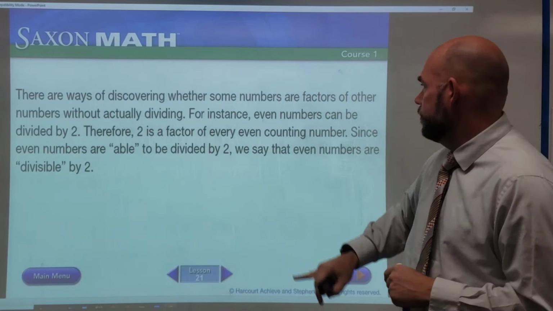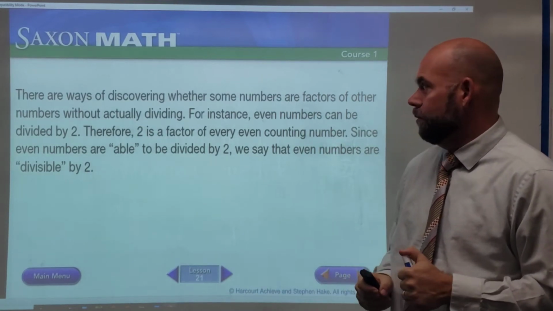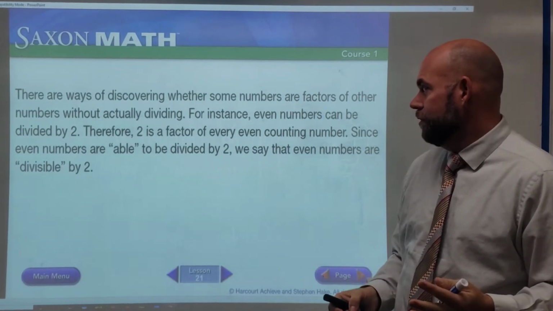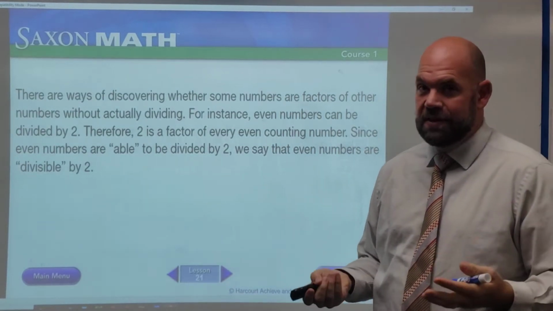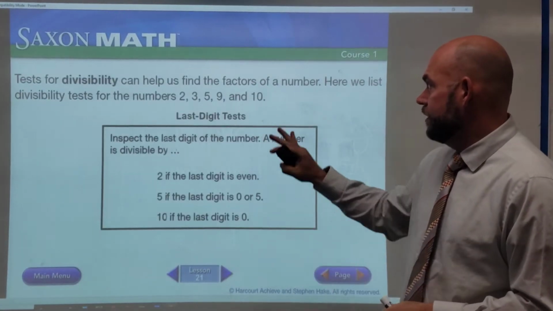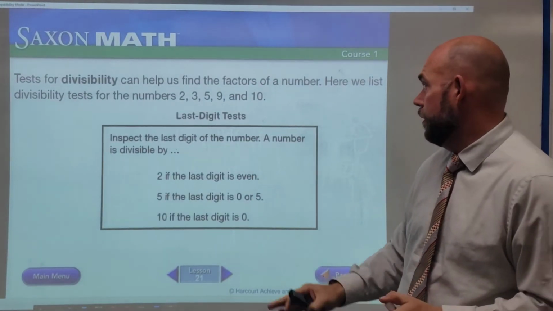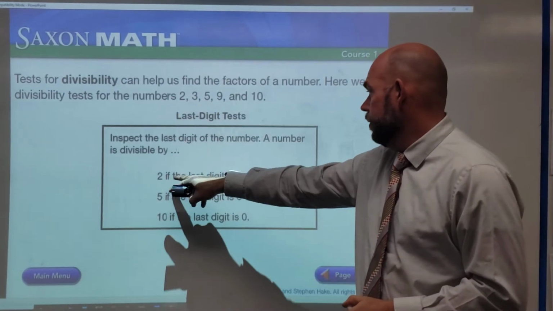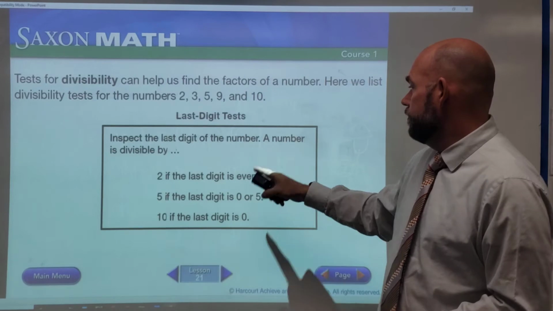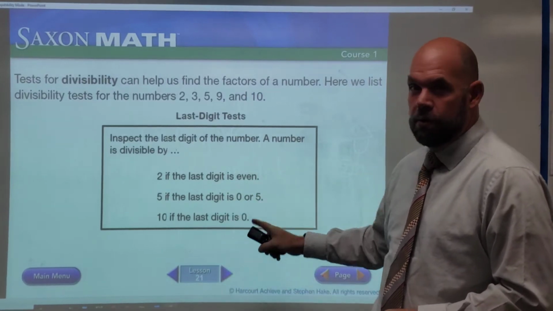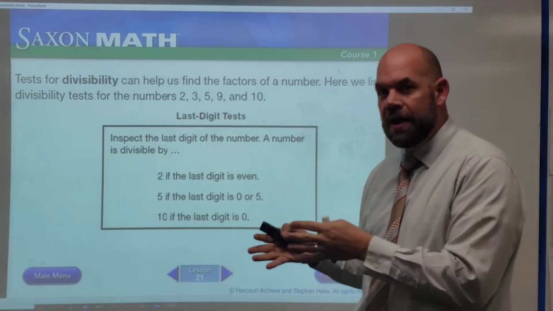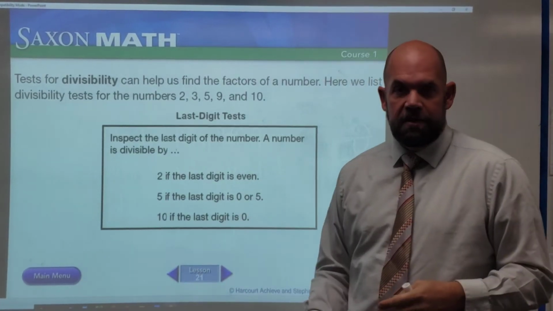There are different ways of discovering if numbers are factors of other numbers without actually dividing. For example, even numbers are all divisible by 2. We have tests for divisibility that help us. We've already done 2: if the last digit is even, we know it's divisible by 2. With 5, if the last digit is a 0 or a 5, like in the number 15, we know it's divisible by 5.